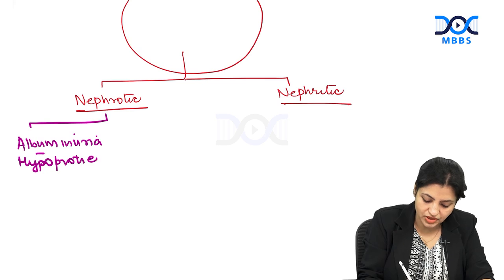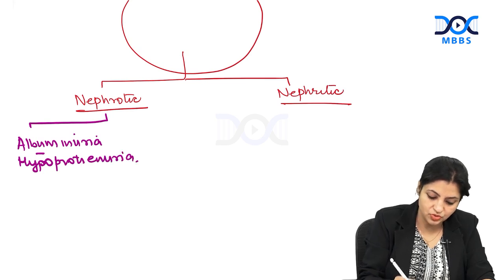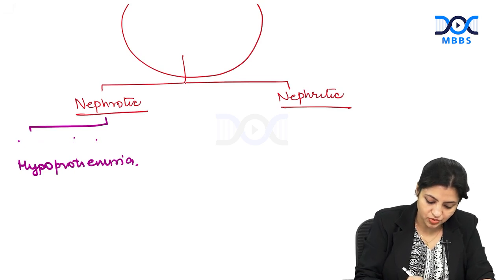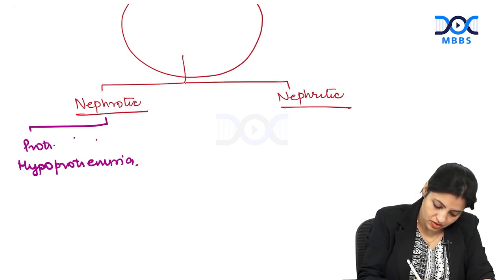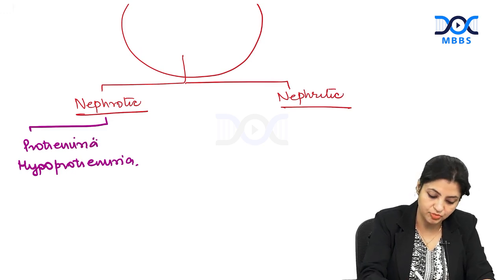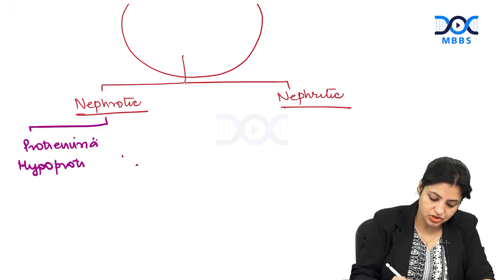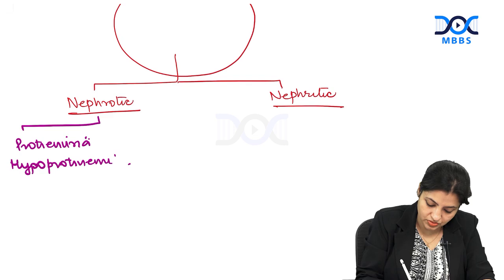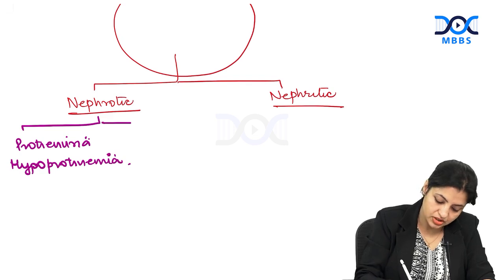So, instead of albuminuria, we can write proteinuria because other proteins can also be secreted. So, we will write proteinuria and hypoproteinemia. Because of proteins coming out in the urine, these patients present with hypoproteinemia.